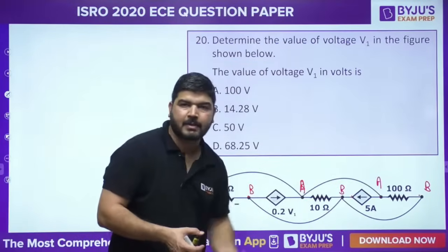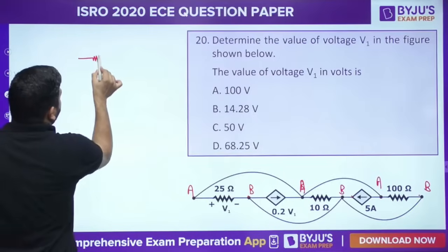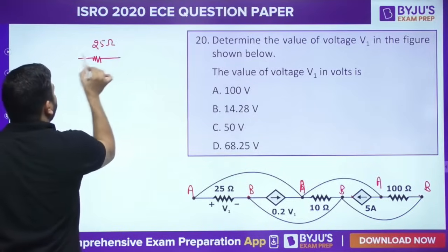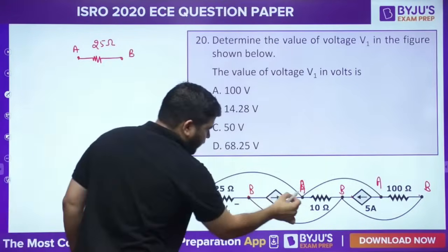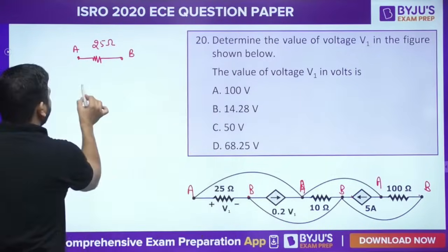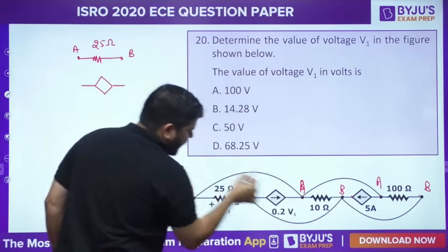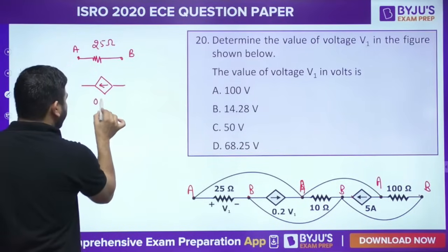Now let's simplify this circuit. From A to B you have one resistance of 25 ohm. Then from A to B you have a dependent source, and the dependent source is entering into A, and it is 0.2 V1.